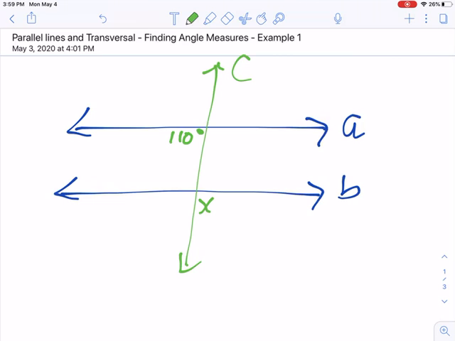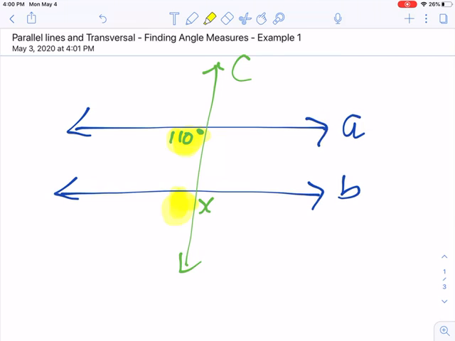Knowing that one angle is 110 degrees, we are asked to find angle X. So we want to first see if there's any relationship between these two angles. Let's go through all our angle pairs. I notice that if this X was to be here, then I'm going to have corresponding angles. It sits in the same corner as 110.